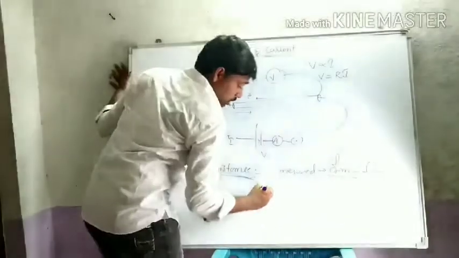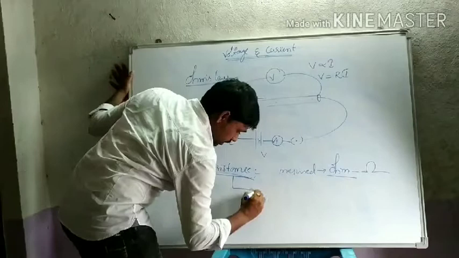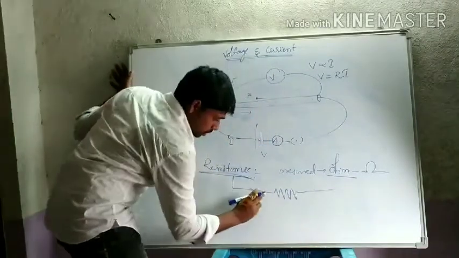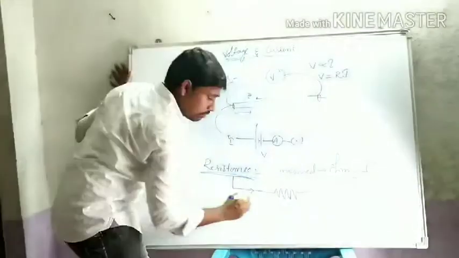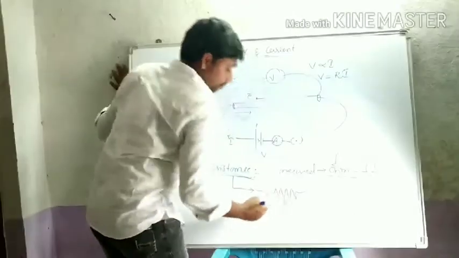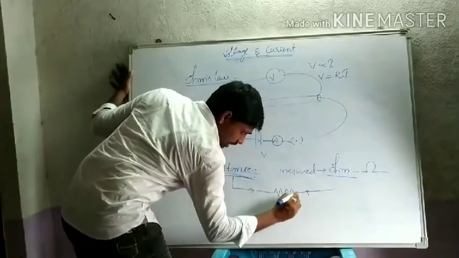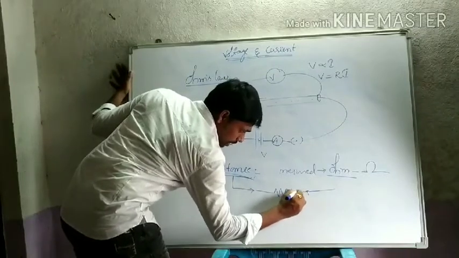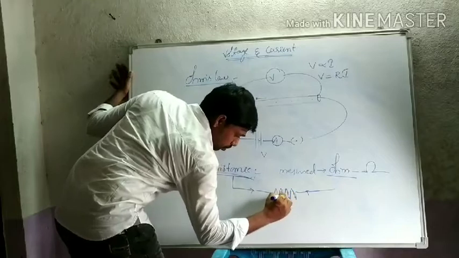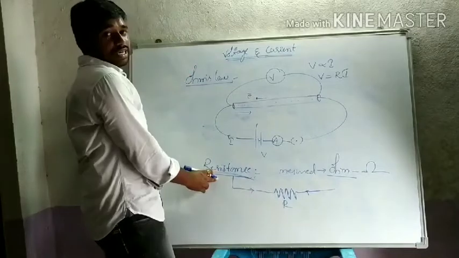The symbol of resistance is this wave structure. When an electron flows through a structure like this, it is opposed. So the opposition offered to the flow of electrons is called resistance.